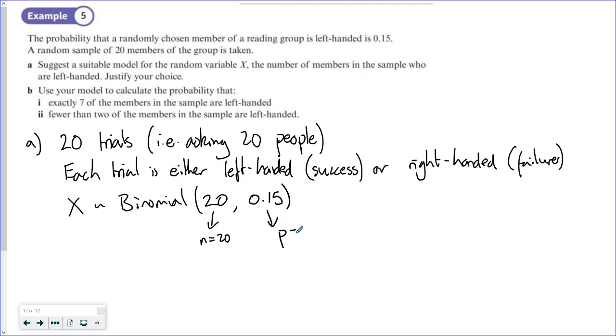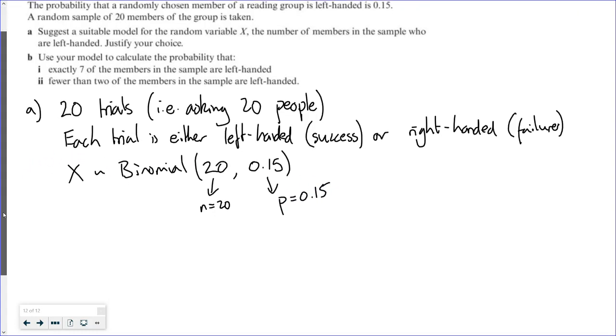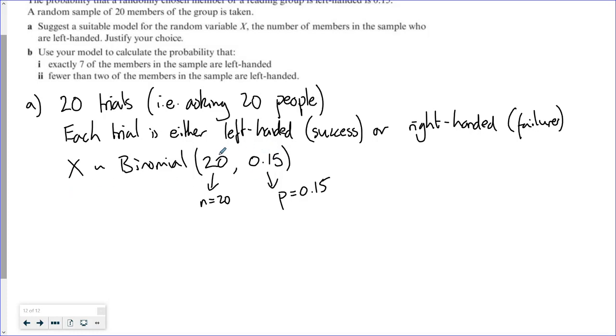So p equals 0.15. So this is our model, binomial 20, 0.15. And remember, you could also write that as X follows a binomial 20, 0.15.